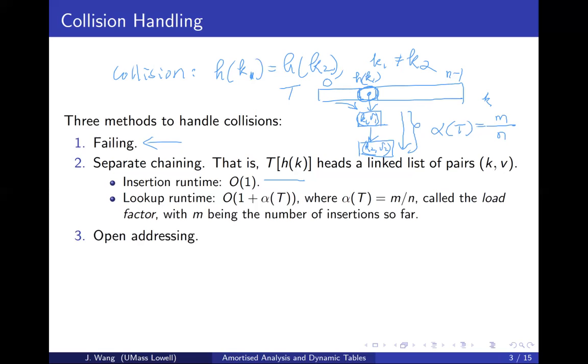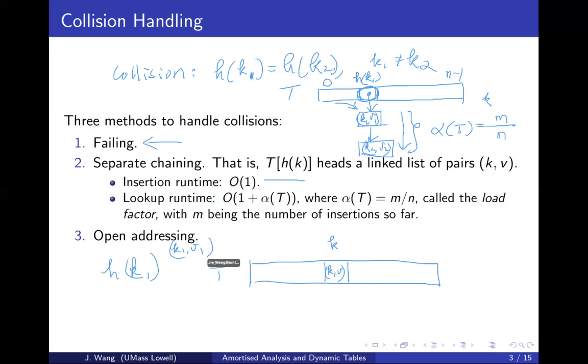What it means here is that, let's say I have a table, and then let's say this is K, and K1 comes in, and we already have an item here, KV. But for a new item, K1, V1, we compute H of K1, and that is equal to H of K. But this is already taken.